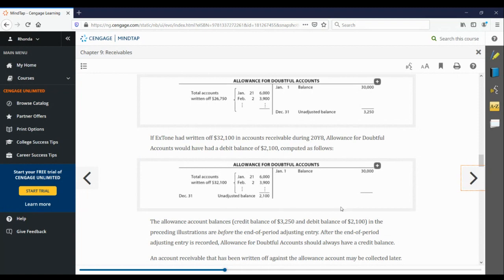So what this is saying to you here, class, is that the allowance for doubtful accounts should normally have a credit balance at the end of the period.